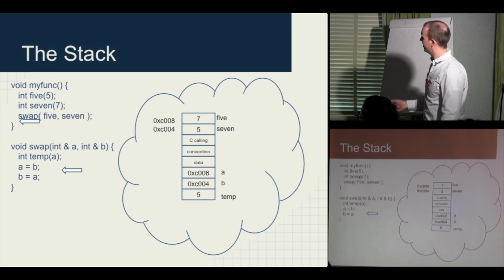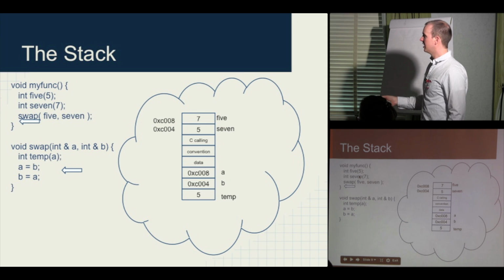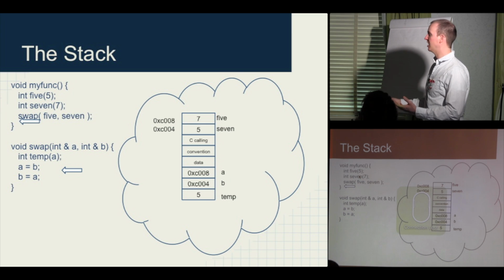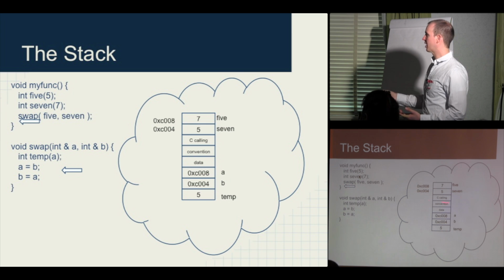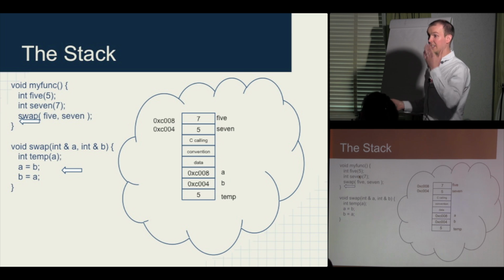Okay, so right after this function exits, there's an implicit return at the end of each function. Then it jumps back up here using the data that was pushed on the stack when you called this function, and then all of these variables get deallocated.